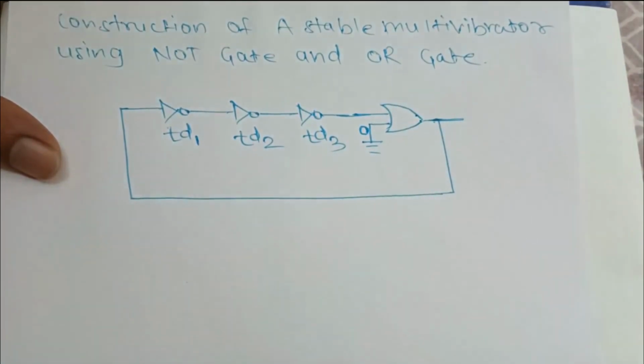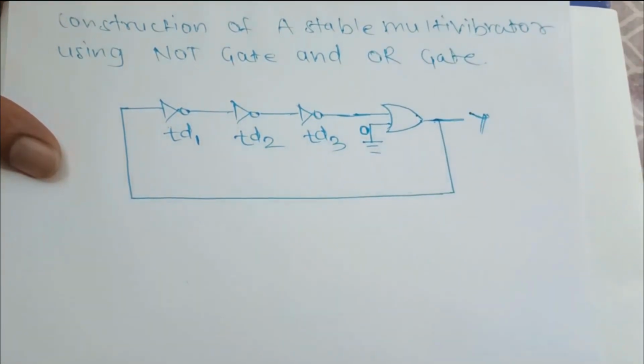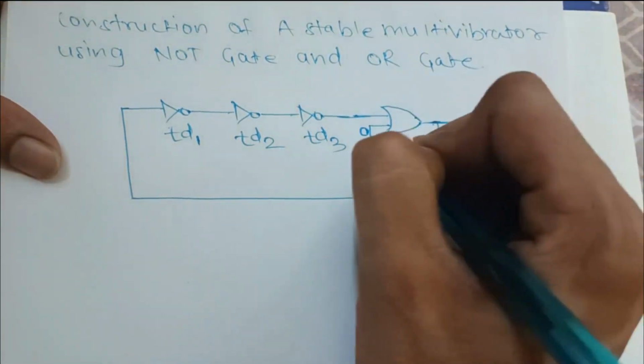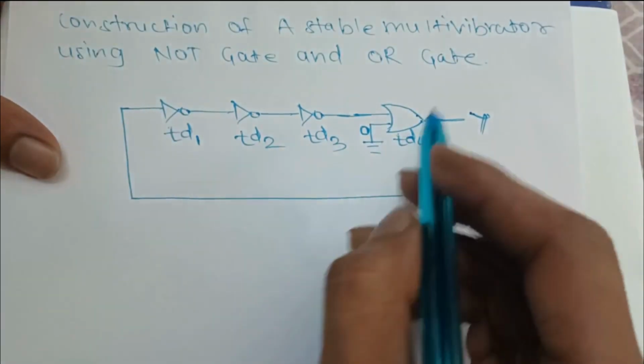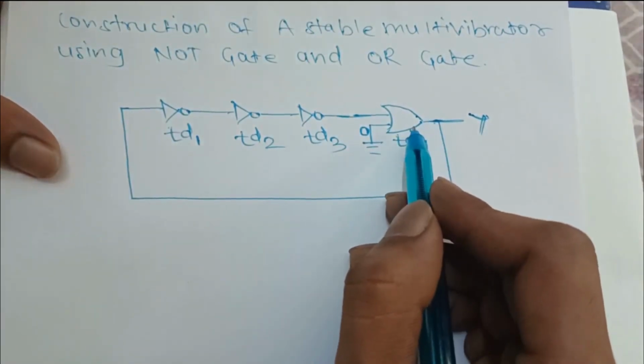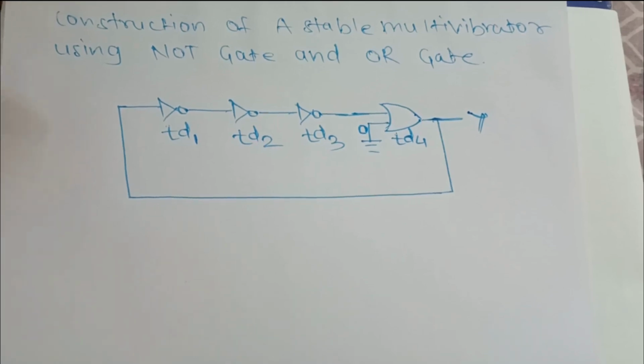This is our output Y, and the OR gate is having its delay. Let's suppose TD4 is the delay of the OR gate. Next we are going to find its frequency and output.